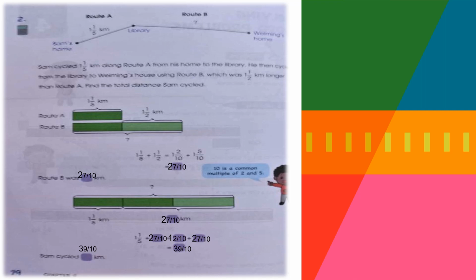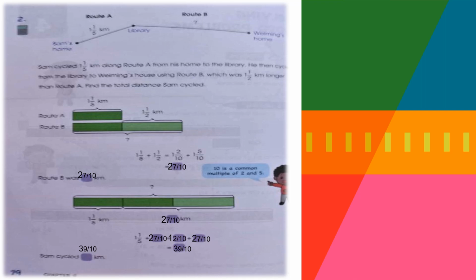So we are going to add 1 whole number 1 over 5 kilometers to 2 whole number 7 over 10 kilometers, which is equivalent to 3 whole number 9 over 10. And in order to get this answer, we first convert to make the denominators the same, so our addition becomes easier.